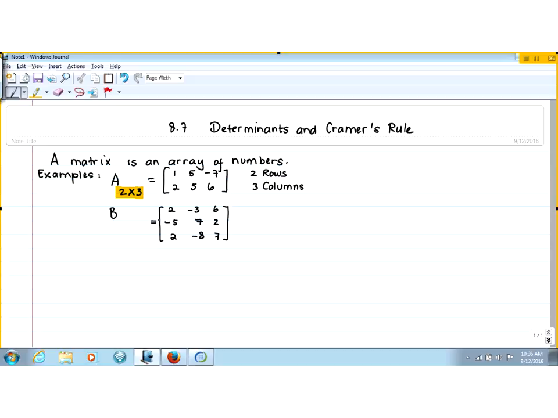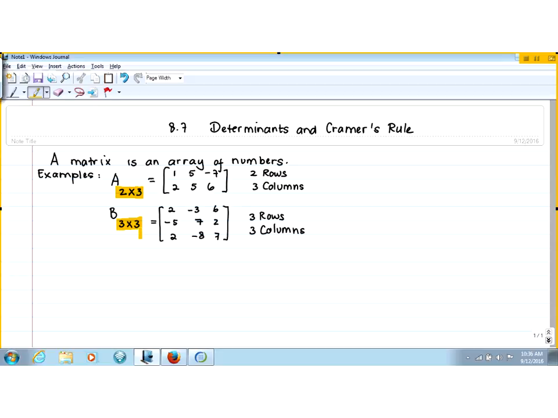Right? So B is what? 3 rows, 3 columns? Okay. So that's why we write B as 3 by 3. So we read this not 3 times 3, but 3 by 3. Yeah? 2 by 3, 3 by 3.